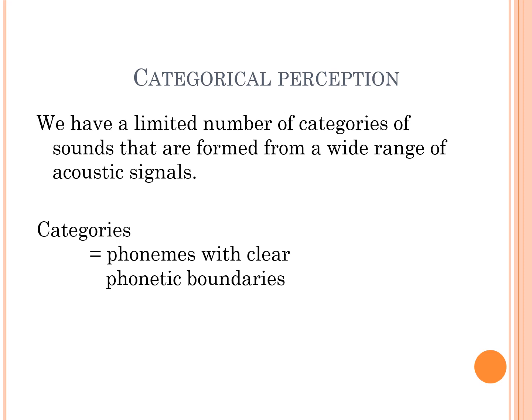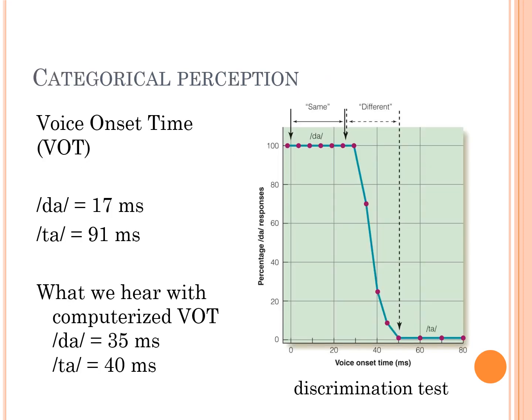So one of the main things that's helping us to do this is that we have categorical perception. Our phonemes have clear phonetic boundaries, and even though there's variability, if it fits within that boundary, we're going to categorize it as being that particular phoneme. So we have a wide range of acoustic signals, but we're going to categorize those phonemes as t versus d, which is a really good example because we're going to move to some research looking at exactly that change in voice onset time.